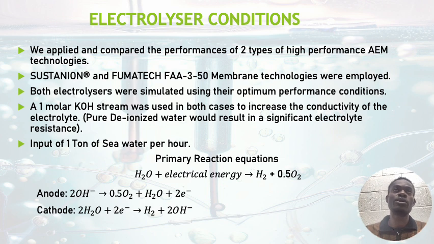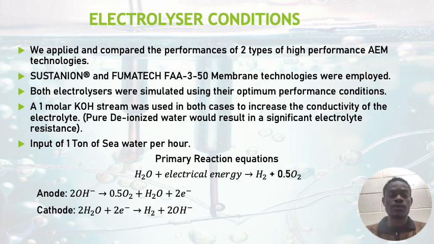The electrolyte was made up of a 1 molar solution of potassium hydroxide, and for the Sustain Ion AEM membrane, its optimal temperature was 70 degrees Celsius, while that of the Fumatech was 60 degrees Celsius.